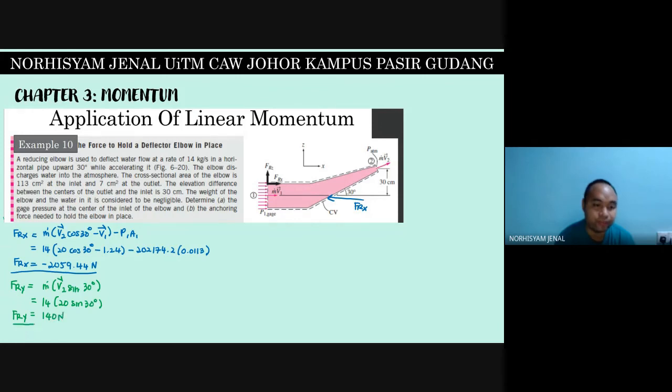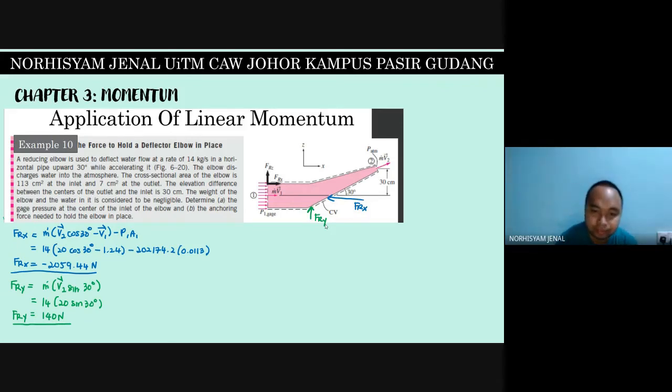Positive, okay. So positive, it means that this water will move to the right. However, what happens when the water moves to the right, it will force the body to move downward. So to withhold the body from moving downward, we need an FRY that is moving upward like this. Okay, so that's the idea of it.